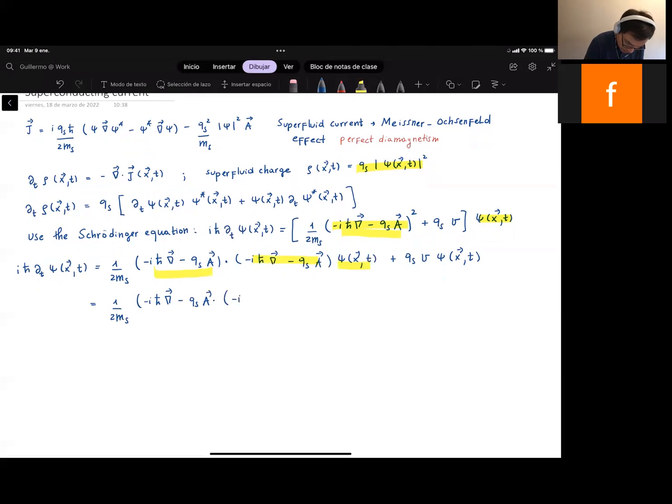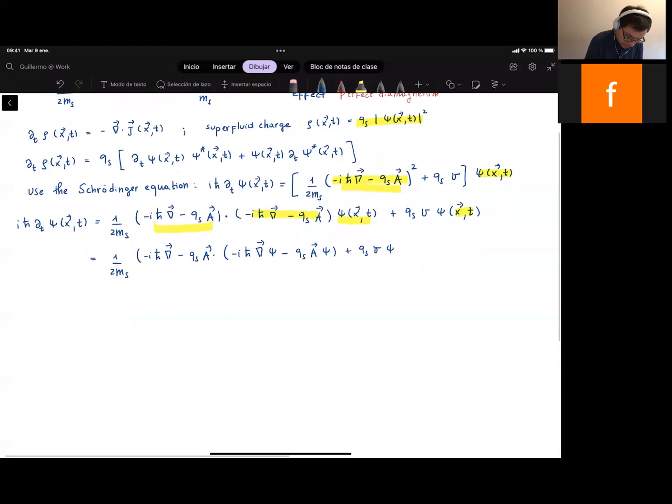So here we have minus i ħ, the gradient of the wave function. So I'll remove the dependence, okay? I will avoid writing this part just for simplicity, essentially. And then we have a minus QS times A times psi plus QS times the scalar potential times psi.